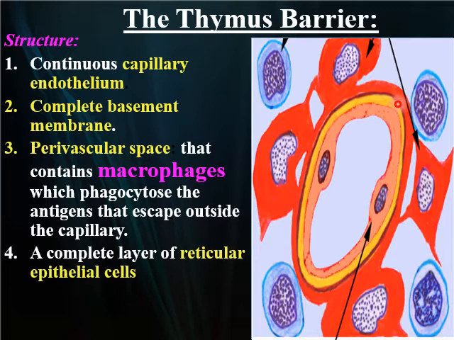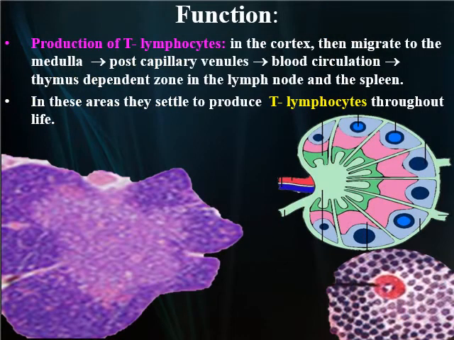Also, we have the reticular epithelial cells. So the thymic barrier is formed of capillary endothelium, basement membrane, macrophages in the perivascular space, and also the reticular epithelial cells.